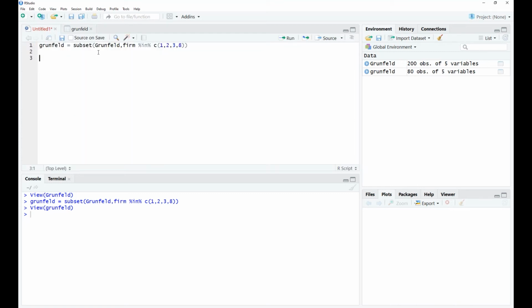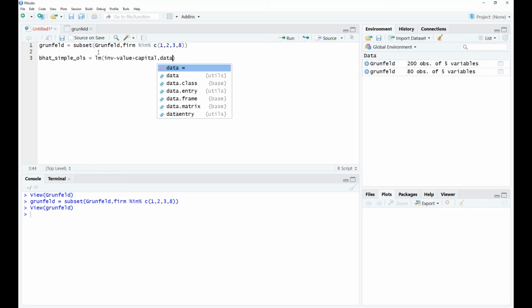Now, before we start preparing the data for a panel data set, let's just run a simple OLS regression. You write b hat, let's call it simple OLS, equals lm, investment as a function of value and capital, and the data is Grunfeld.